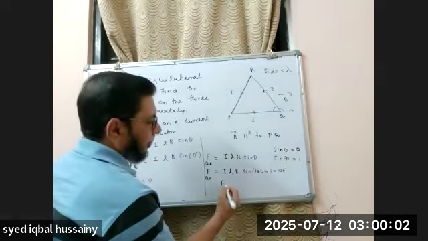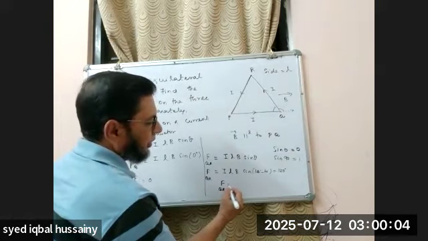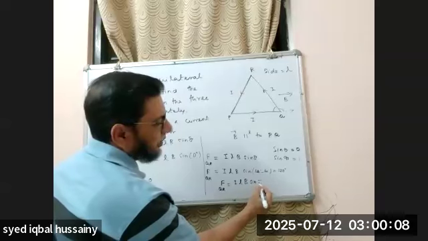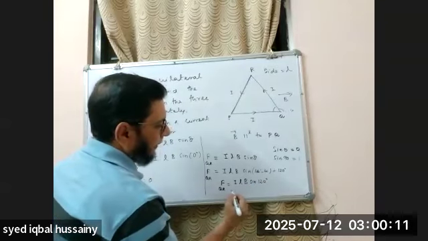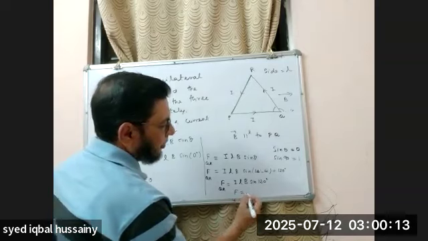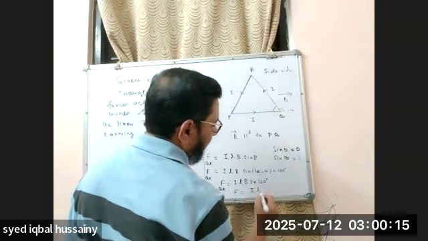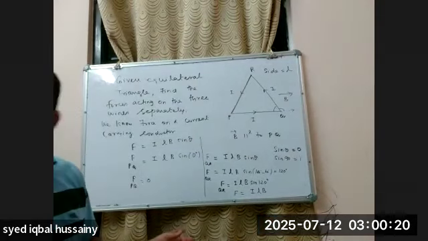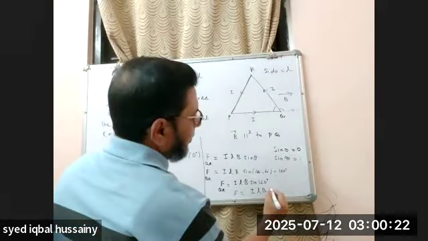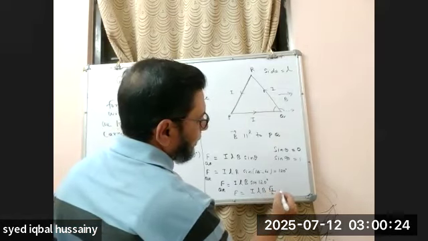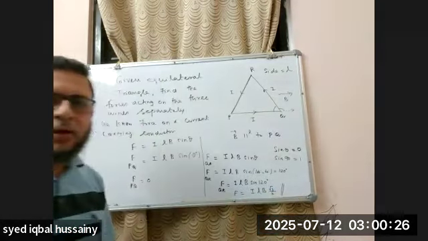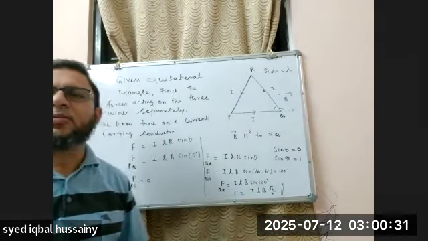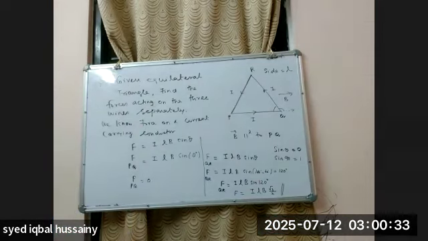So F QR will be equal to I L B sine 120. What is sine 120? Sine 120 is root 3 by 2. So F equal to I L B root 3 by 2.